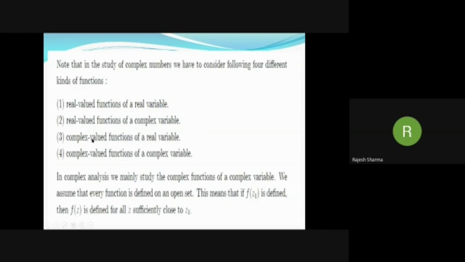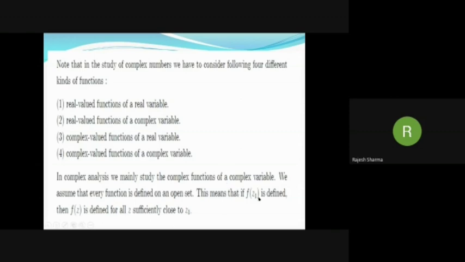This fourth type is important in complex analysis, complex valued functions of a complex variable. In this case, in w equals f(z), z is complex and w is also complex. In complex analysis, we mainly study the complex functions of a complex variable. And we assume that the functions are defined on open sets.